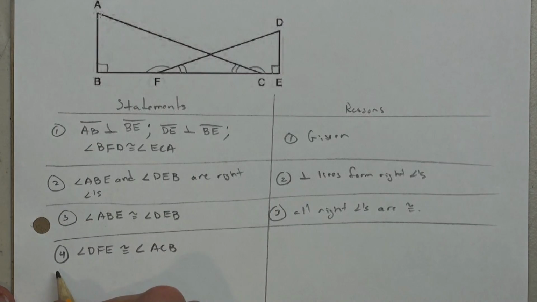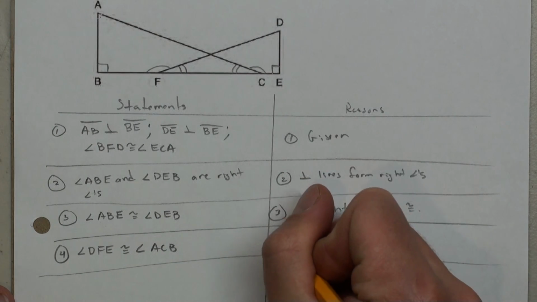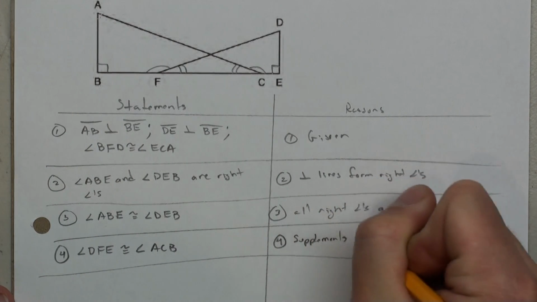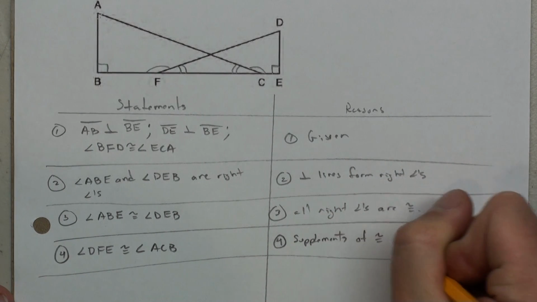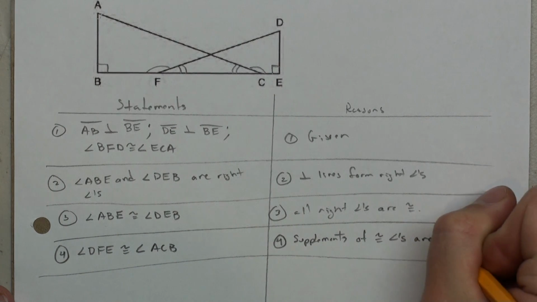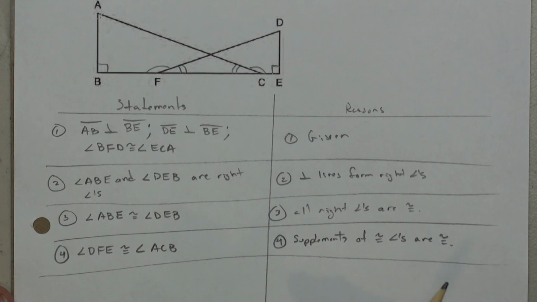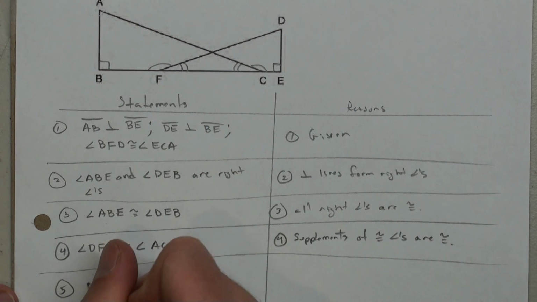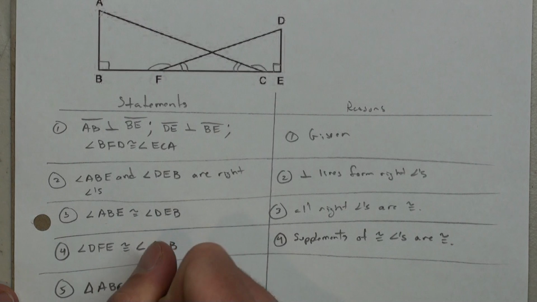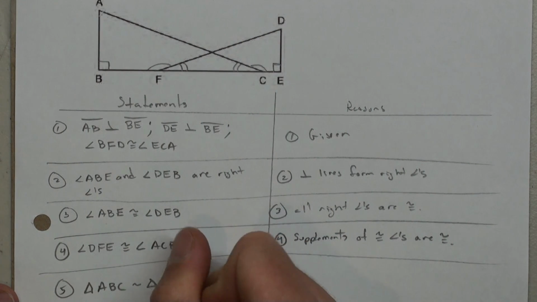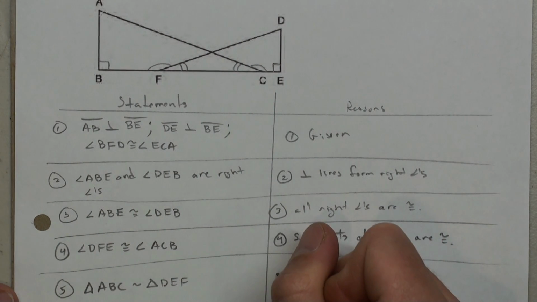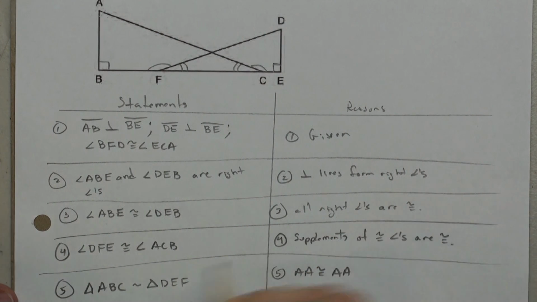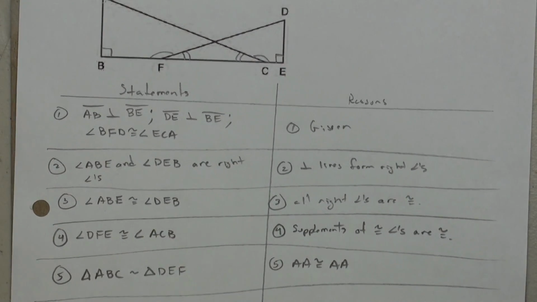So we would say the two angles are congruent because supplements of congruent angles are congruent. Okay? And that's it. Now we can say triangle ABC is similar to triangle DEF, and that would be because AA is congruent to AA. That's the end of that proof.